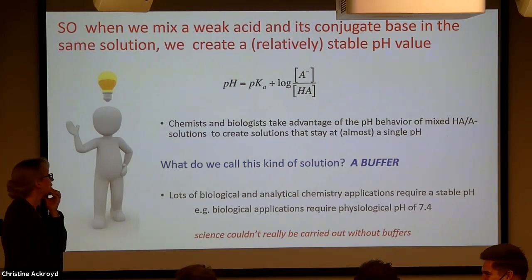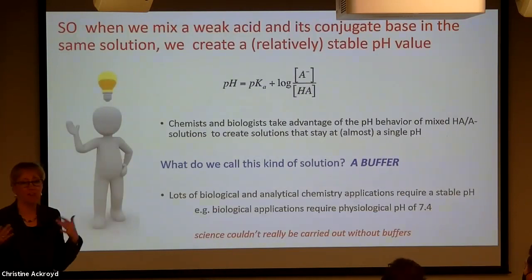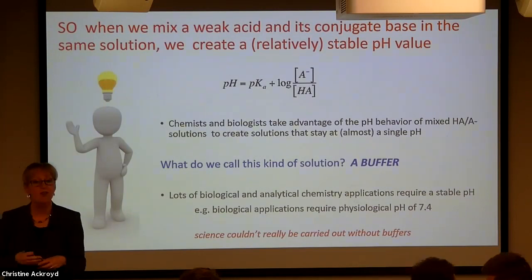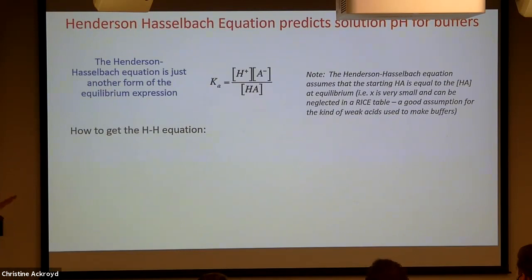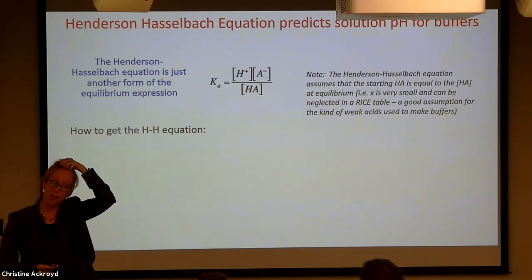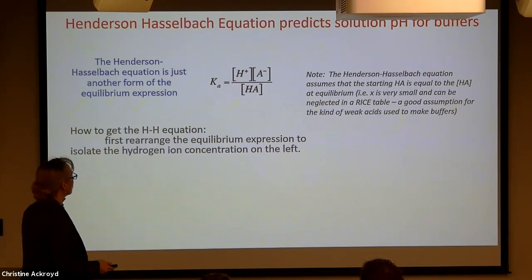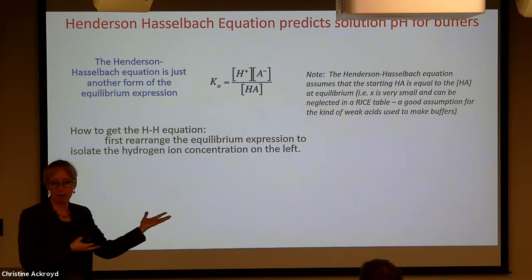Okay, so this equation actually isn't new. Have you figured out that nearly every time we show you a new equation, it's really just a rearrangement of something you already knew? This is no exception. If I take the equilibrium expression, and this is expressed in terms of Arrhenius, but we could have done it with Bronsted-Lowry as well. So we want the equation to be pH equals something, right?